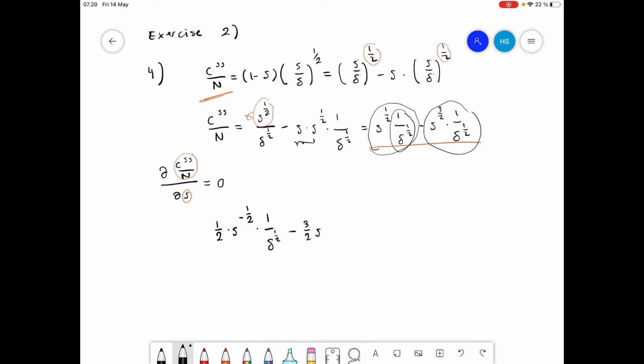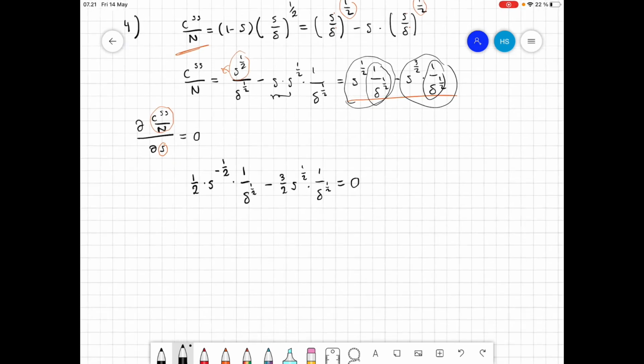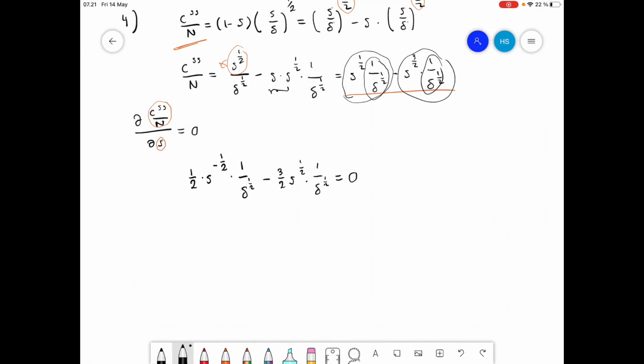And then we're missing the last part here. s to the power of 3/2, we take down the exponent, multiply by s, and we subtract 1, and then we get 3/2 times the constant, 1 over delta to the power of 1/2, and we set everything equal to 0 because we're maximizing.